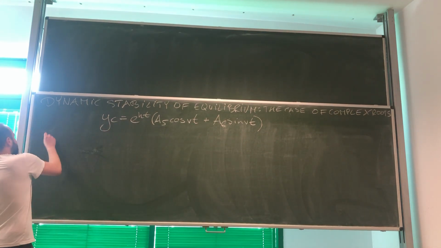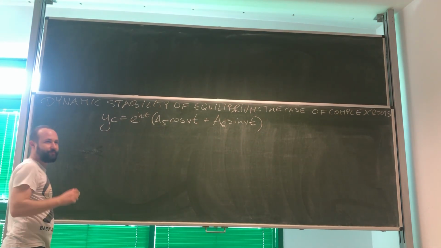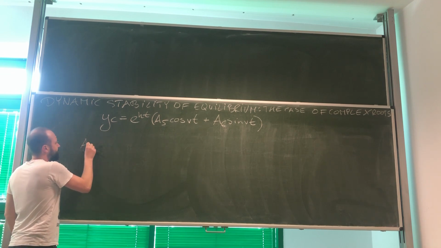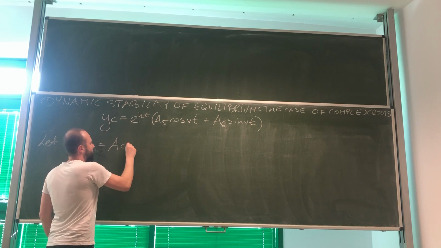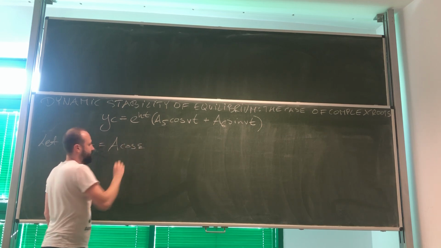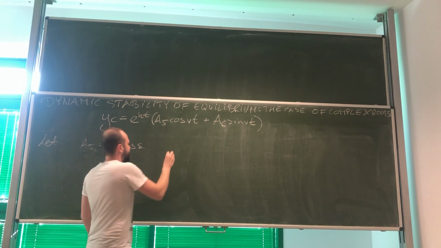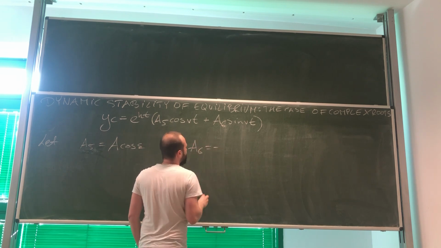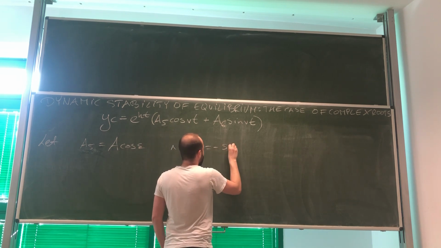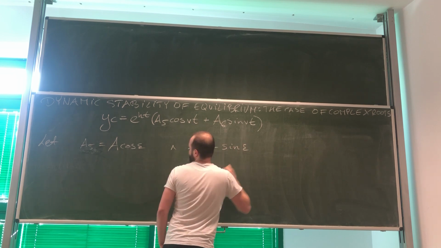Okay, let, for example, A5 be equal to some A cosine epsilon. And the same with A6, now A6 is equal to negative sine epsilon.